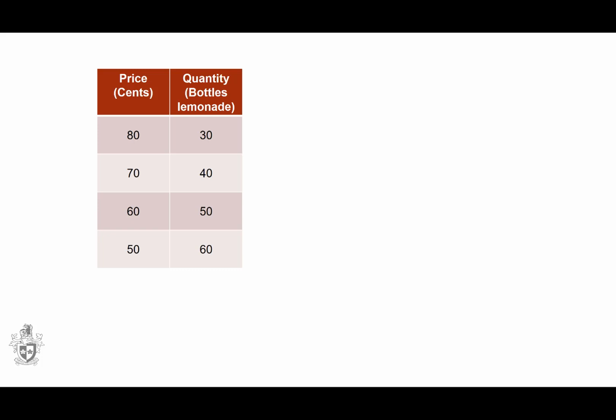Here we have a table with price in cents and quantity of bottles of lemonade demanded at each price point. So at 80 cents, the quantity demanded is 30. If the price falls to 70 cents, the quantity demanded increases to 40. And if the price falls again to 60 cents, the quantity demanded rises to 50. When we put it in a table like this, we refer to it as a demand schedule.